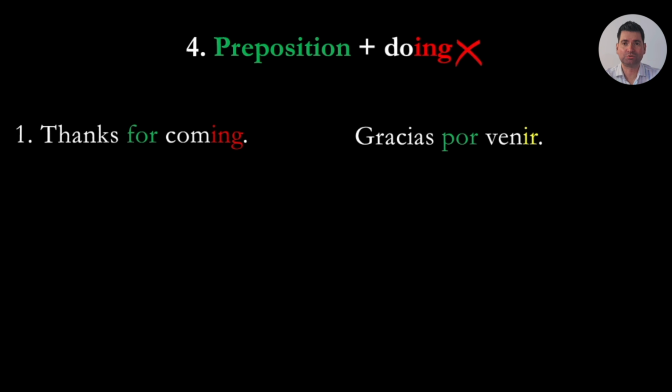Here, ing is going to be an infinitive verb in Spanish. Remember that infinitive verbs are the endings ar, er, ir. So most of the time that the verb goes after a preposition, the verb is going to be an infinitive verb in Spanish, ending in ar, er, ir. And you are not going to translate ing to ANDO, IENDO.